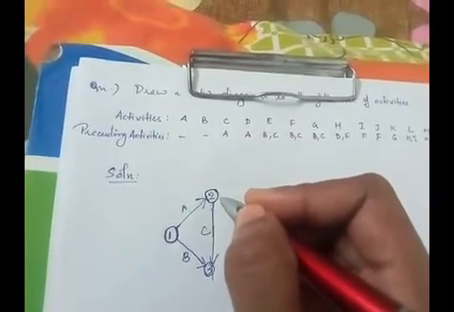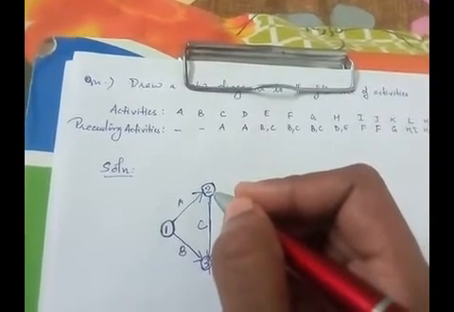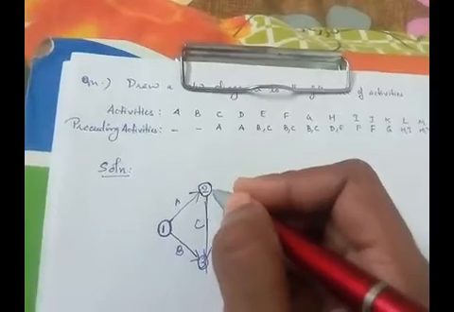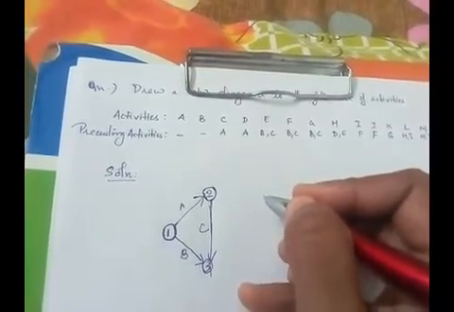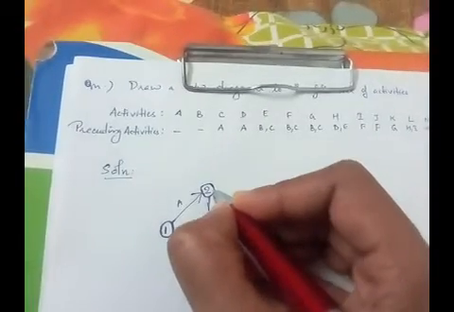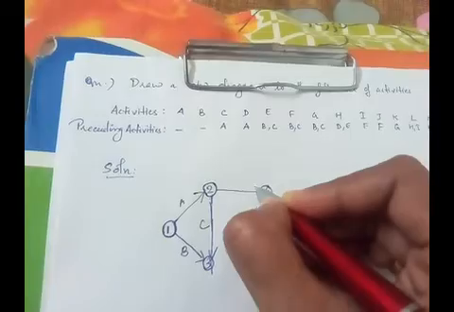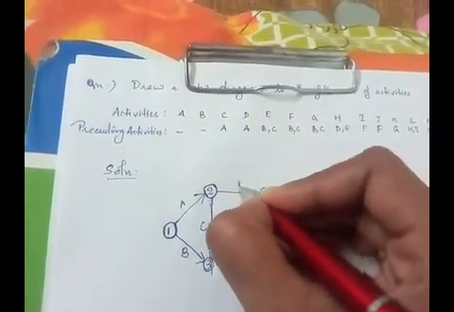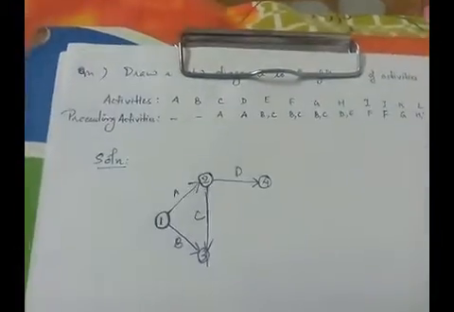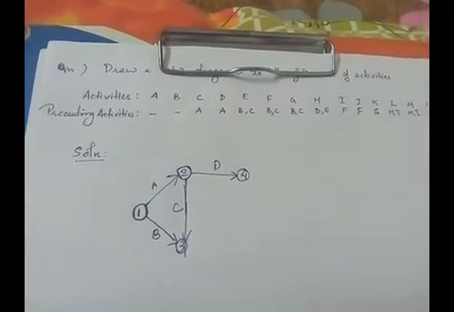Now we are going to draw the activity D starting from the event 2, and it should end at the event 4. So this is the activity D. We have drawn the activity D here.